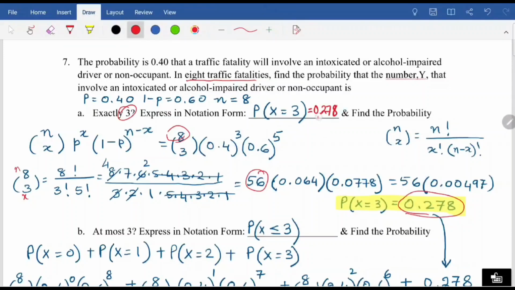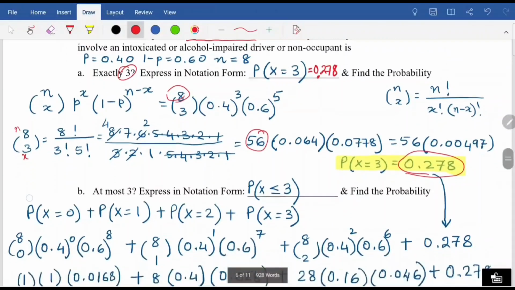So that's how you are going to calculate binomial probabilities. Again, the formula will be given to you in the formula sheet. You just have to plug in the values correctly and do the calculations. All right. So this was part A.